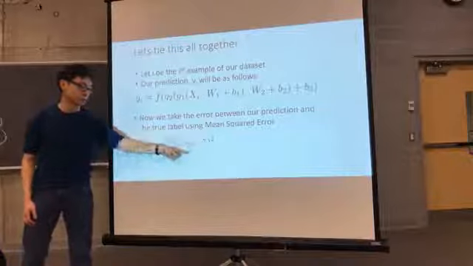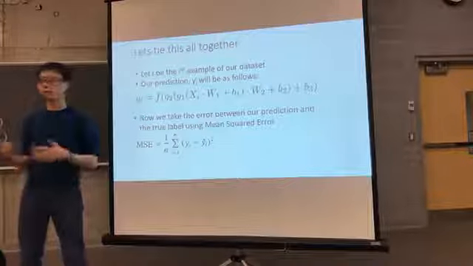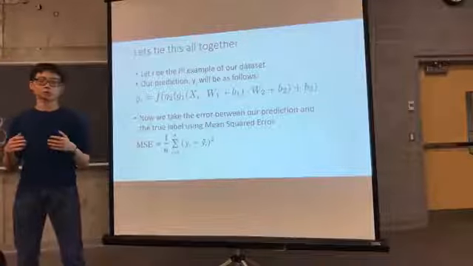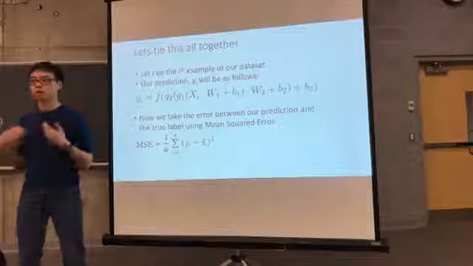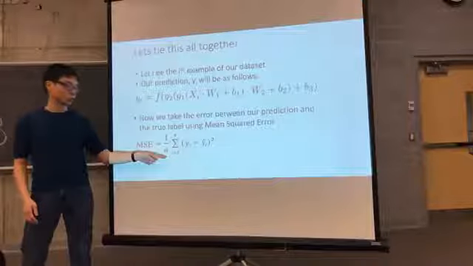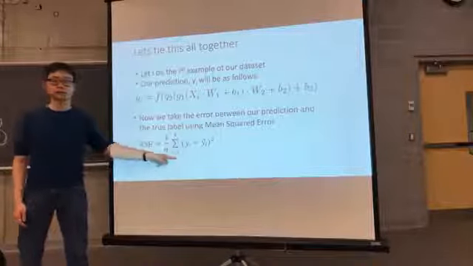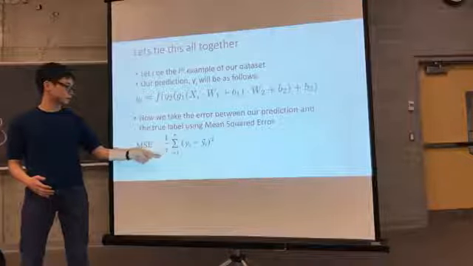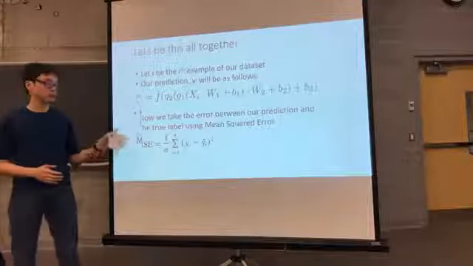So this would be 1. We would do that for every single person that we're trying to train on: Bob, Alice, Larry. Then we would sum up all of these squared errors and take the average of it. That would be our mean squared error.